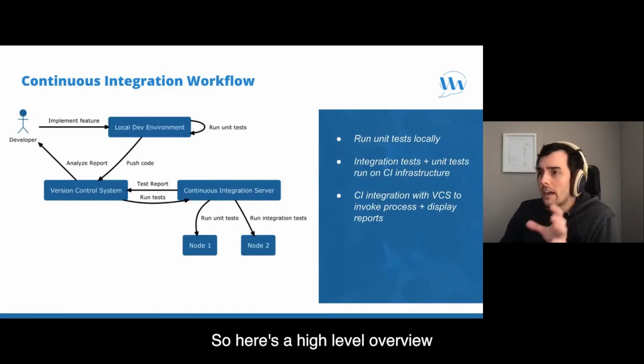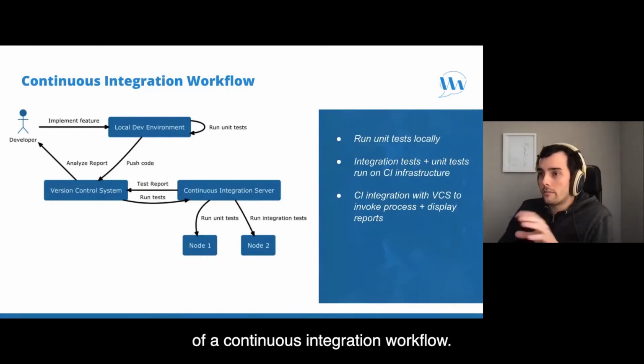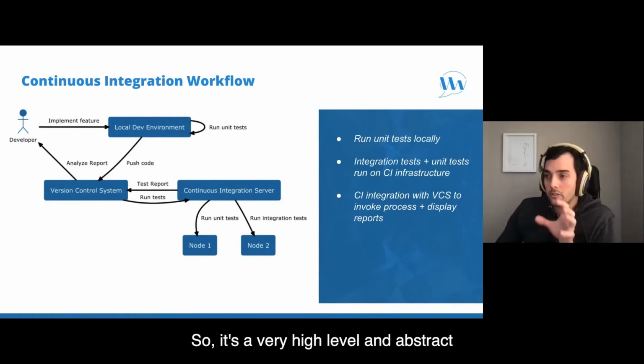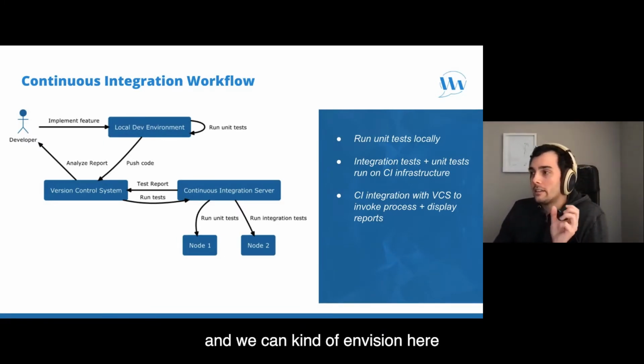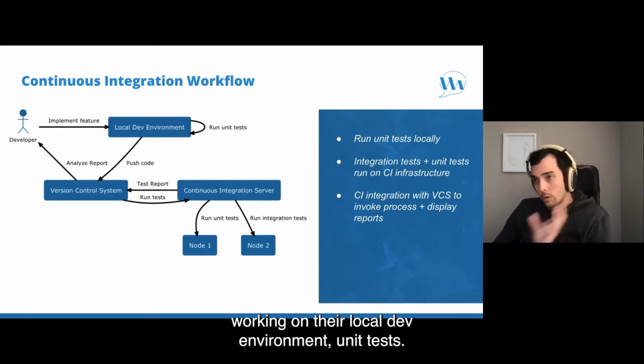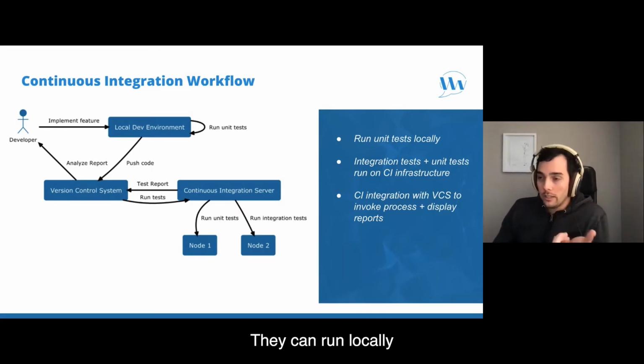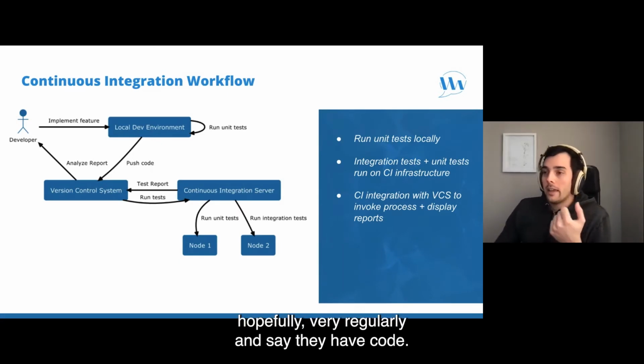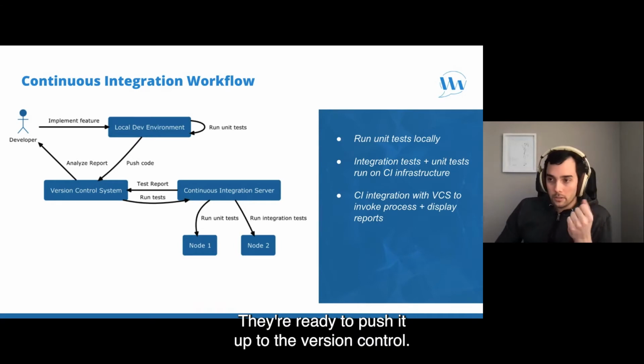So here's a high-level overview of a continuous integration workflow. It's very high level and abstract. What you can envision here is that you have your developer working on their local dev environment. Unit tests, they can run locally, hopefully very regularly. And say they have code, they're ready to push it up to the version control.